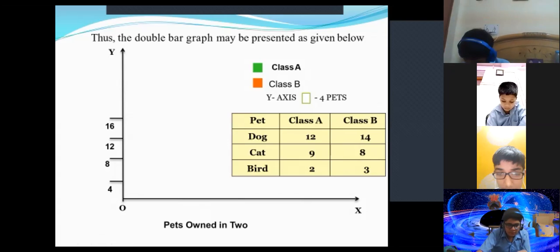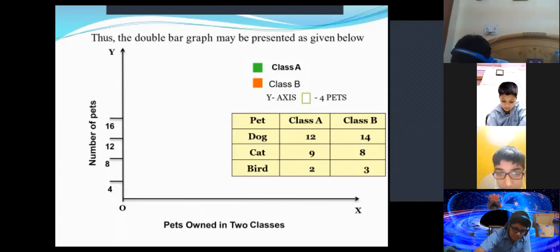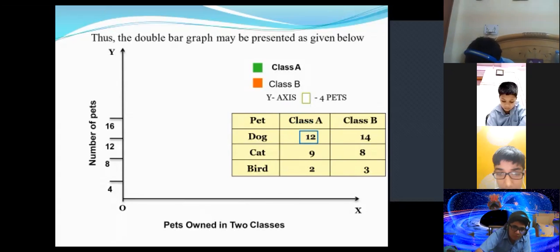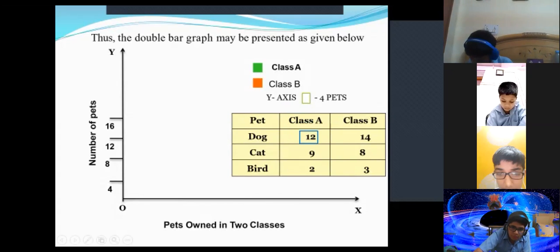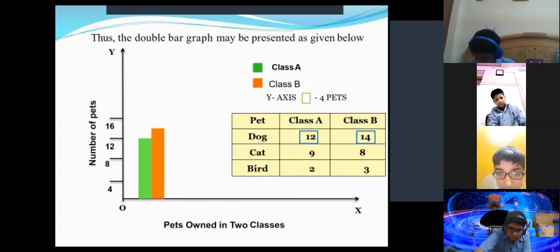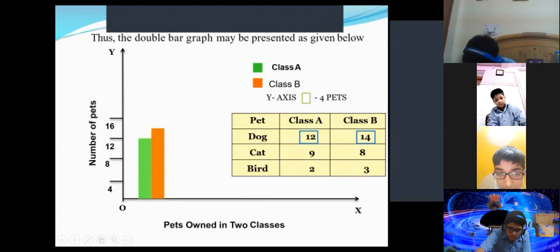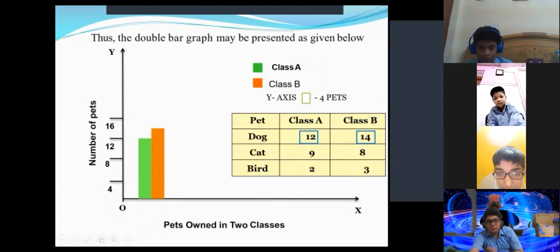Pets owned in 2 classes. This is the title of x-axis. The number of pets. देखो, first value is 12. 12 will come near here. So first bar will be drawn like this. Then second value is 14. So we are going to construct here 14, just adjacent to it with no gap, because both the rectangular bars are for dog.